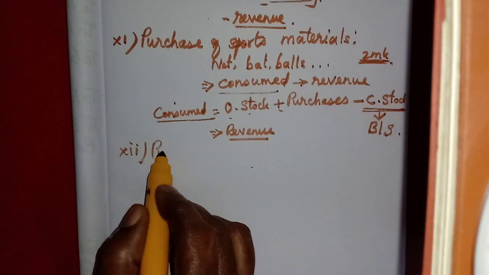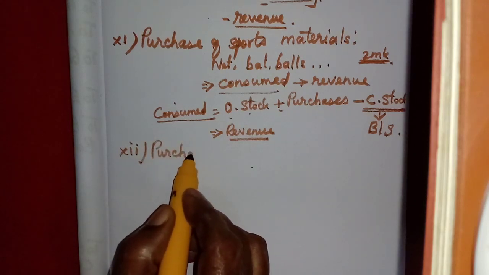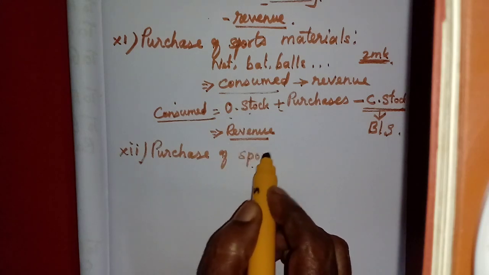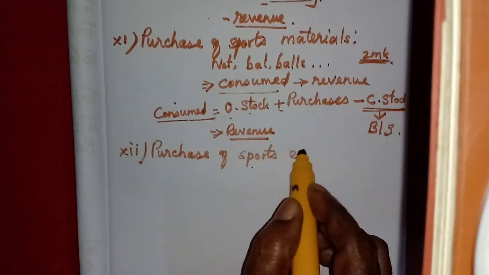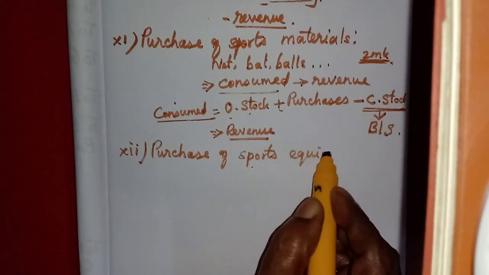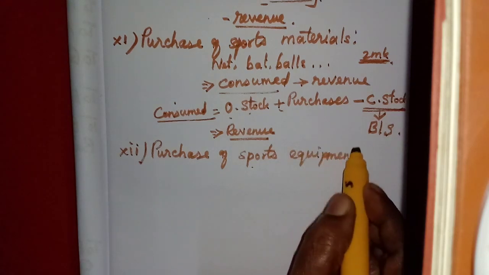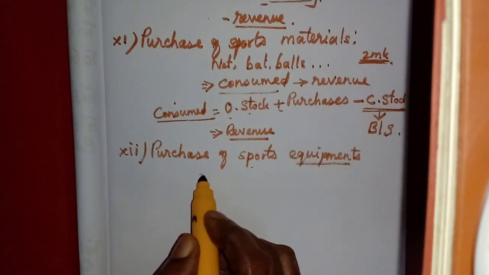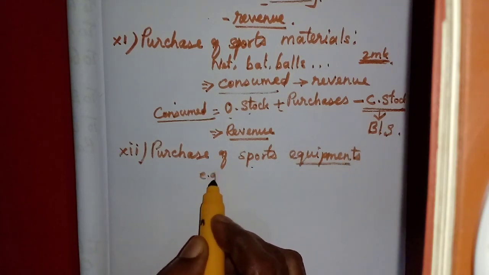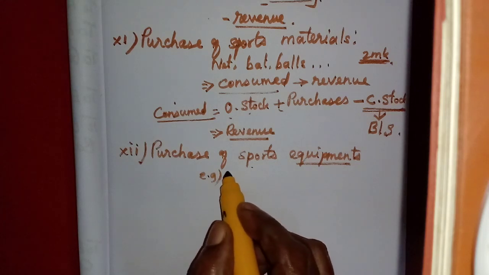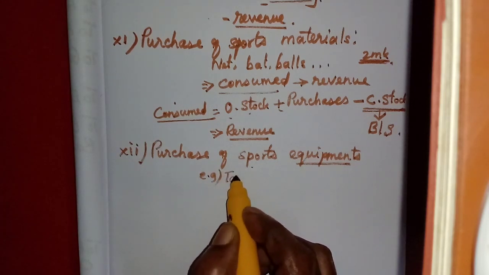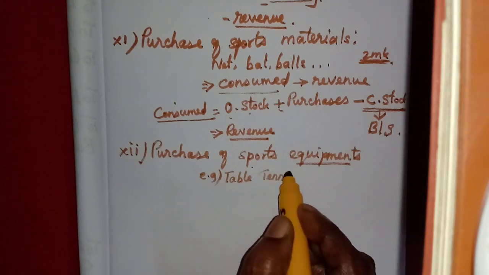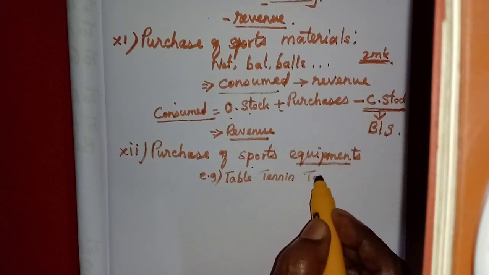Now the 12th, purchase of sports equipments. Sports materials we often purchase, isn't it? But sports equipments we never purchase very often, every year. For example, table tennis is a game, isn't it? For playing table tennis, there is a table.